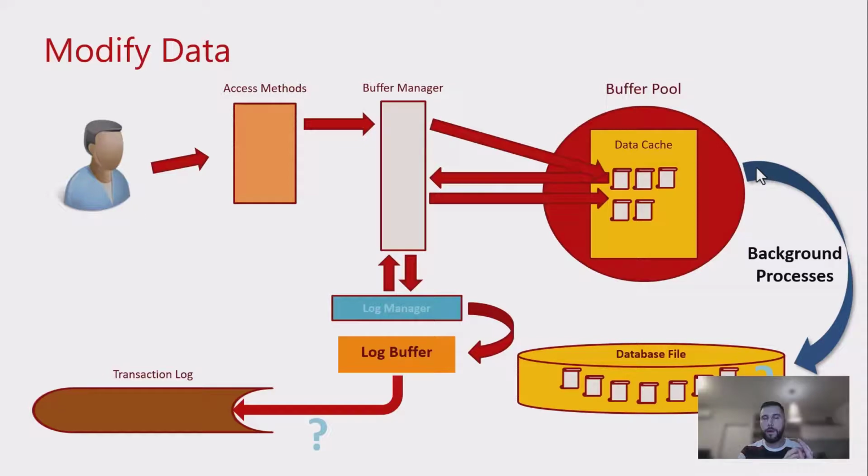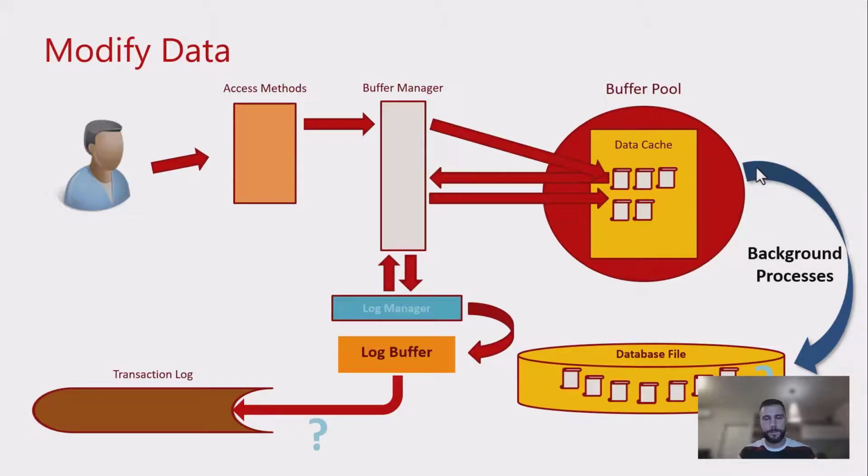Second one, when the log buffer is full, so the transaction is pretty big and the log buffer is small, it's 64 kilobytes. So when a transaction fills the log buffer completely, these 64 kilobytes go to the transaction log immediately. Okay, and third case, when the background process checkpoint starts, it also flushes the log buffer.